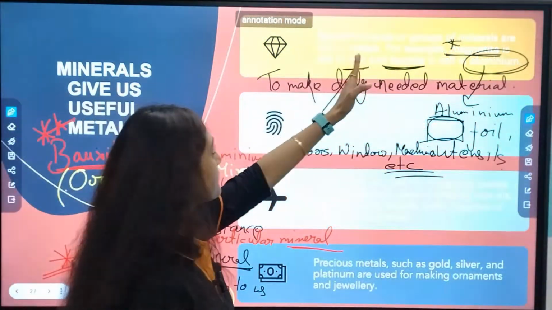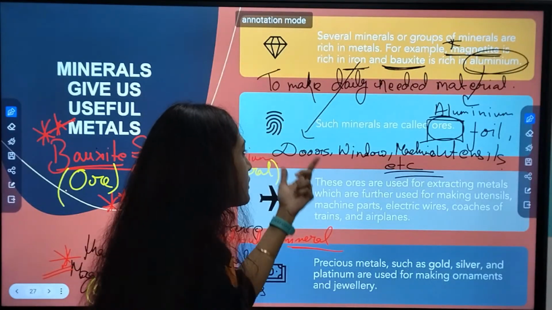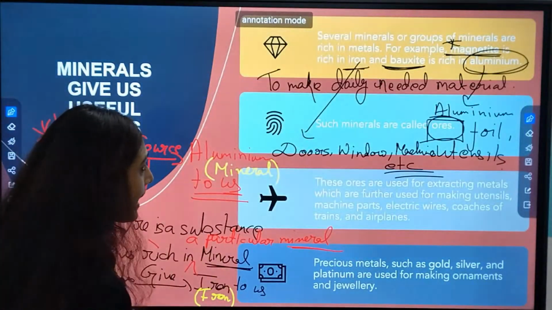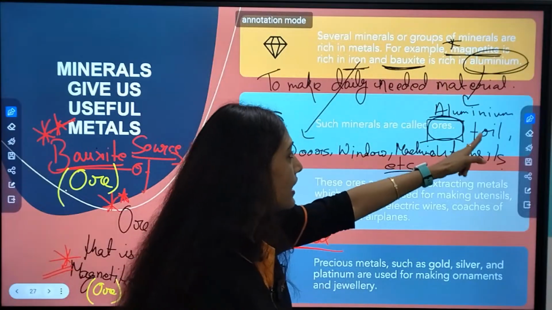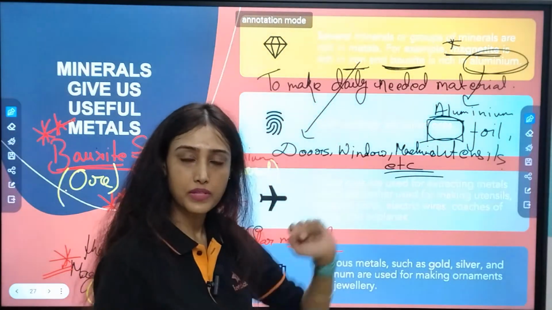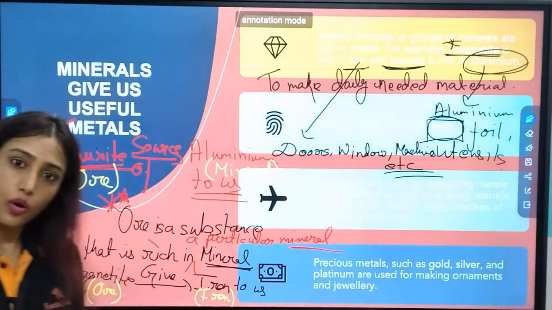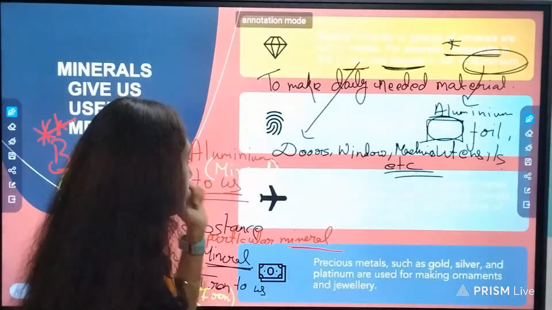Okay. Now what is the function of iron? The function of iron in our daily life is making of doors, windows, machines, etc. And what is the function of aluminium? You have heard of aluminium foil, it is used to preserve food. Again, making of utensils. Okay, clear? So, these two are given over here.